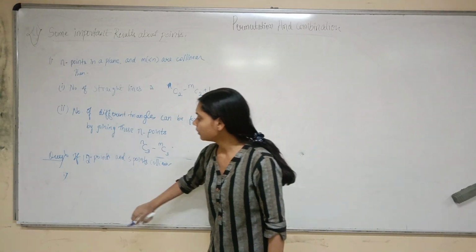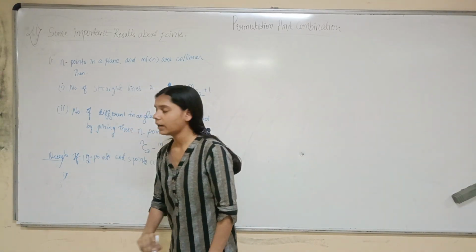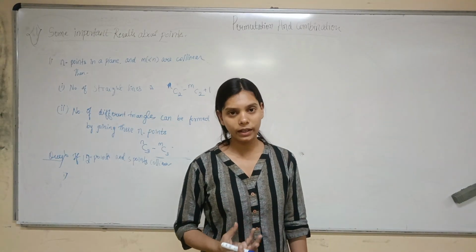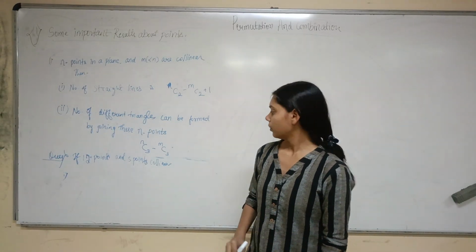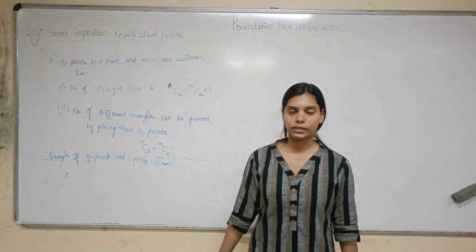And the second one is the number of different triangles that can be formed by using these points.